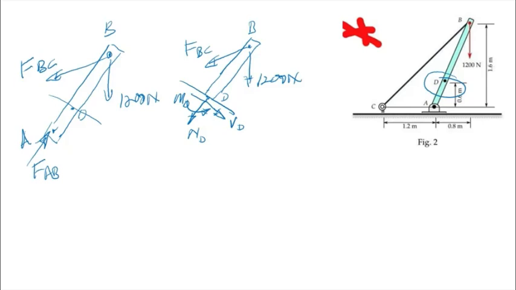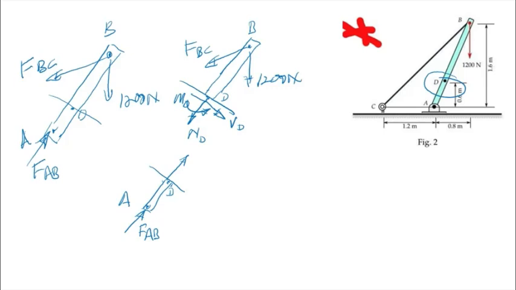However, we can also take the section diagram from A. If we use A, what we then have is that is point A, and we have FAB. Now at the cross section D here, we still have point D there. We have a normal in the opposite direction. This is ND to the lower left.